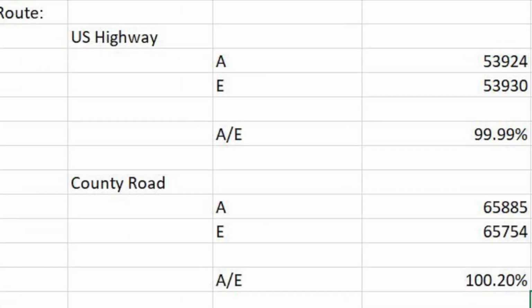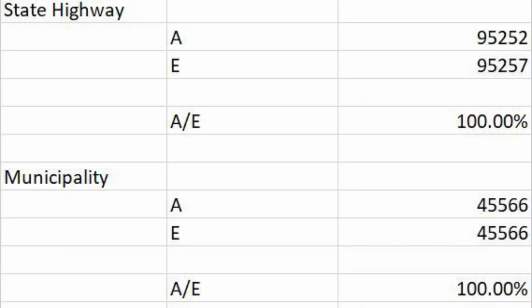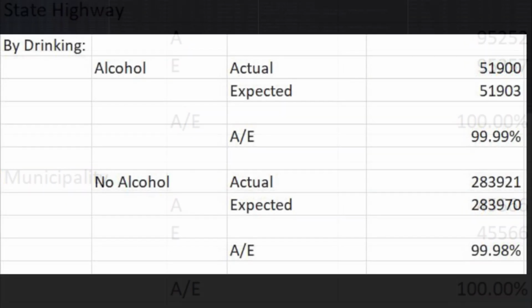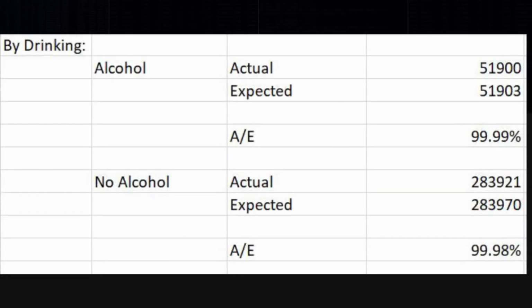Next was for route with the categories of U.S. highway, county road, interstate, state highway, and local street. Finally, we cross-validated for if drinking was reported or not, since alcohol was a significant factor in determining if an accident happened or not.